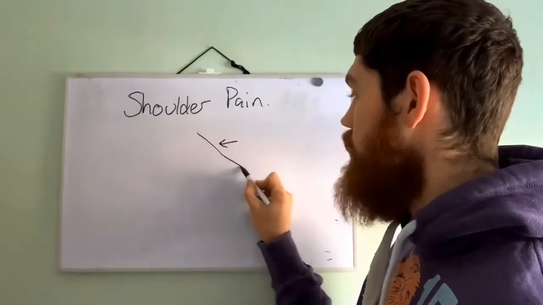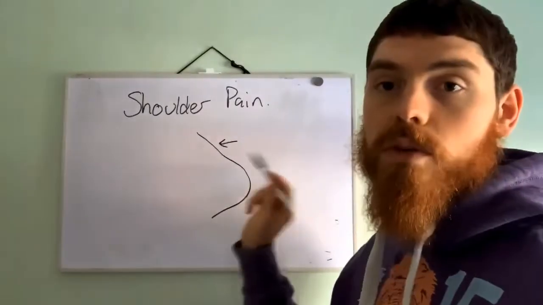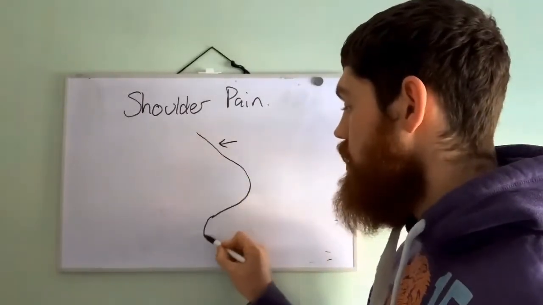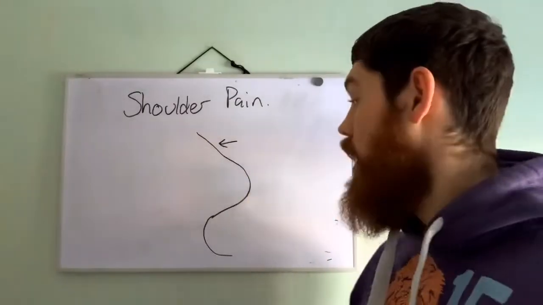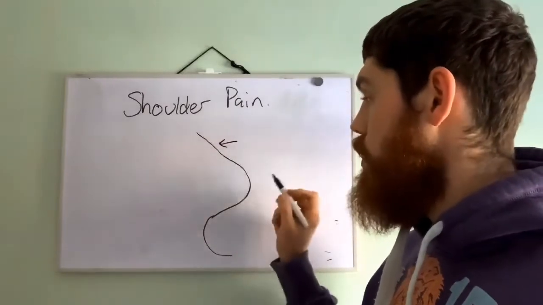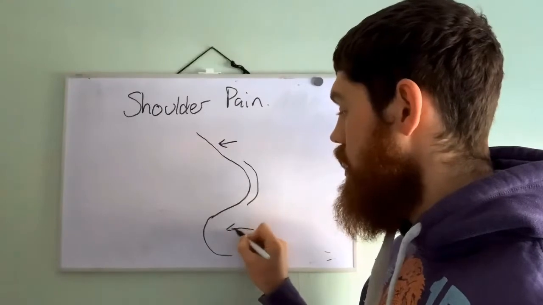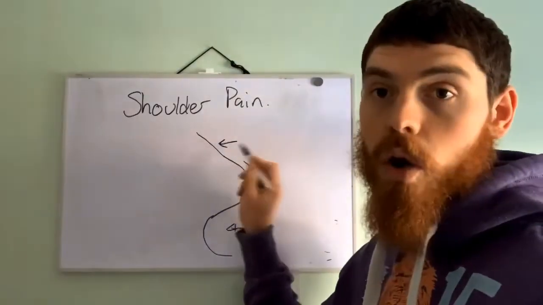So we then have this excessive kyphosis, a big curve in the upper part of the back, and then another big curve in the lower part of the back. So we end up seeing everything over-accentuated.